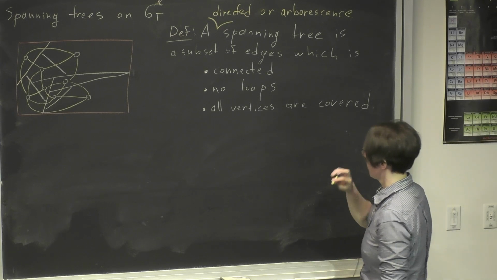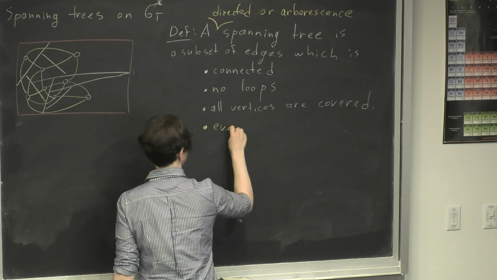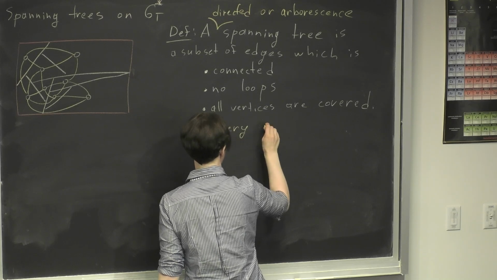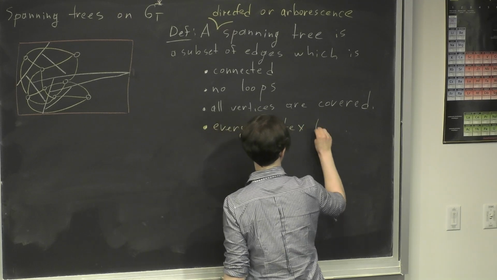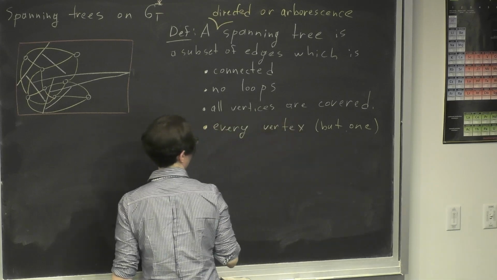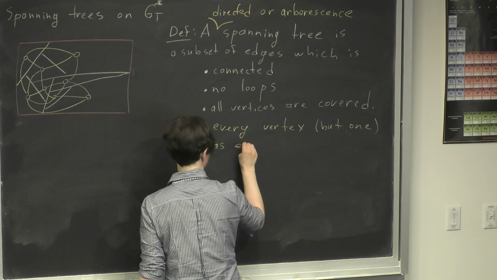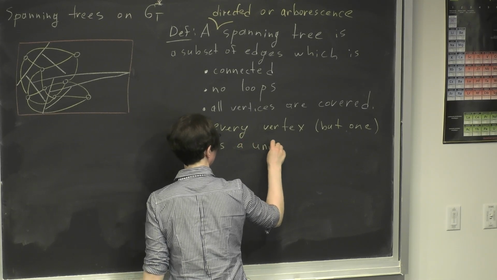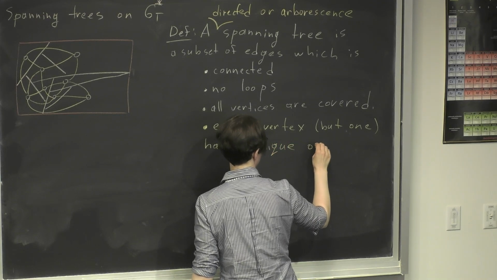So for a directed spanning tree, we just need to add that every vertex but one, which is a root, has exactly one outgoing edge.